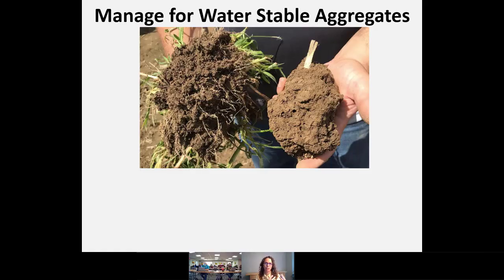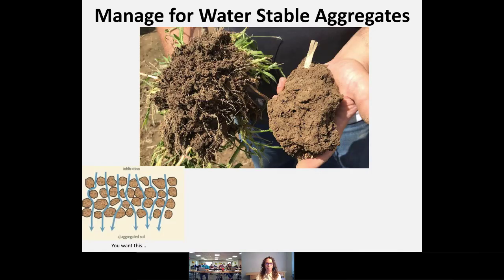You can actually visually see the aggregates and the soil particles grouped together. There are healthy roots, and on the right hand side you have more of a clod that has very little visual structure. You can't really see individual aggregates. All of those particles are compressed together but not held together very well in small aggregates.